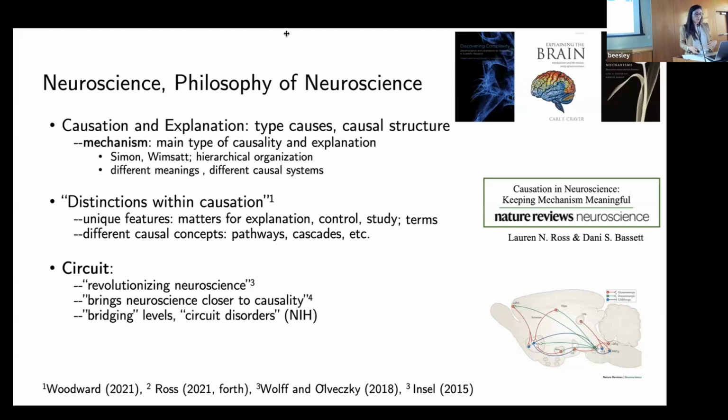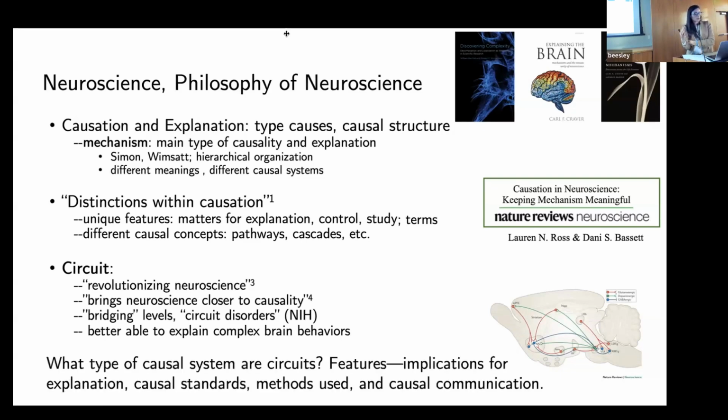Of course, optogenetics is one nice example of this. These techniques, it's suggested, are better able to explain complex brain behaviors, right? So the causal notion of a circuit is referring to a system that is viewed as special, new, something that's revolutionizing neuroscience.